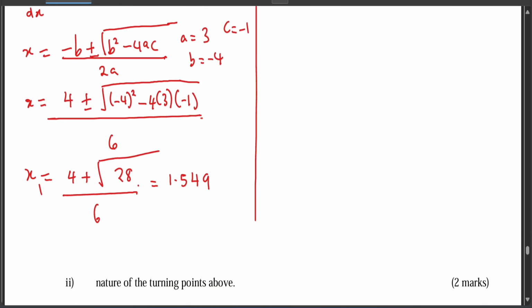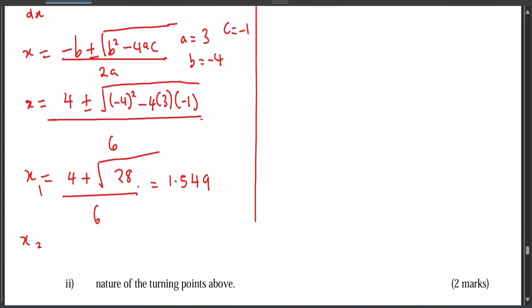That's for x1. x2 is equal to 4 minus root 28 divided by 6. So the answer is negative 0.2153. So those are your two answers.